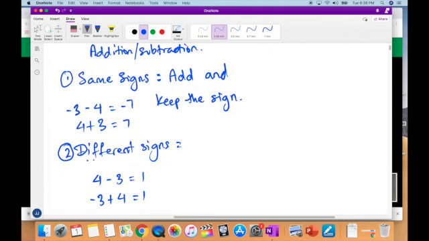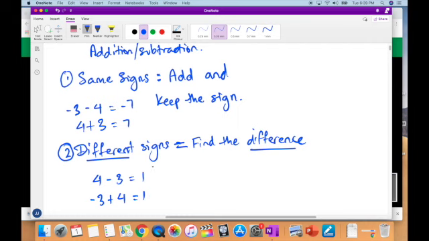For different signs, you find the difference. Remember that word, different. So you check different signs, you find the difference. So the difference between 3 and 4 is 1.